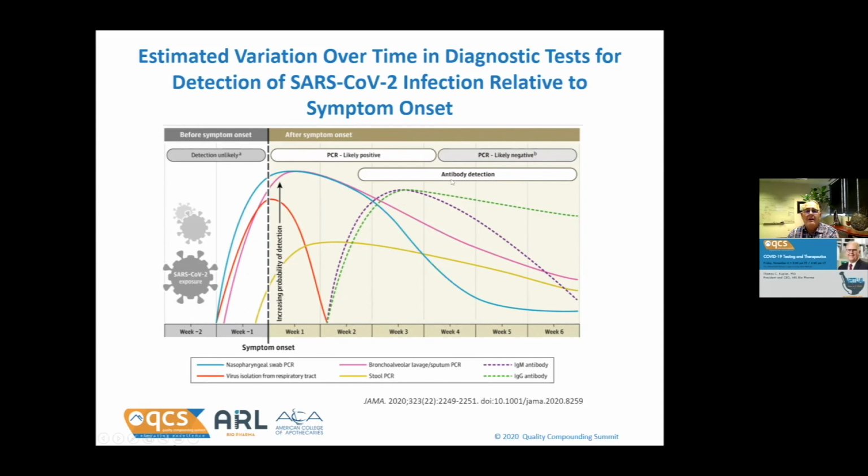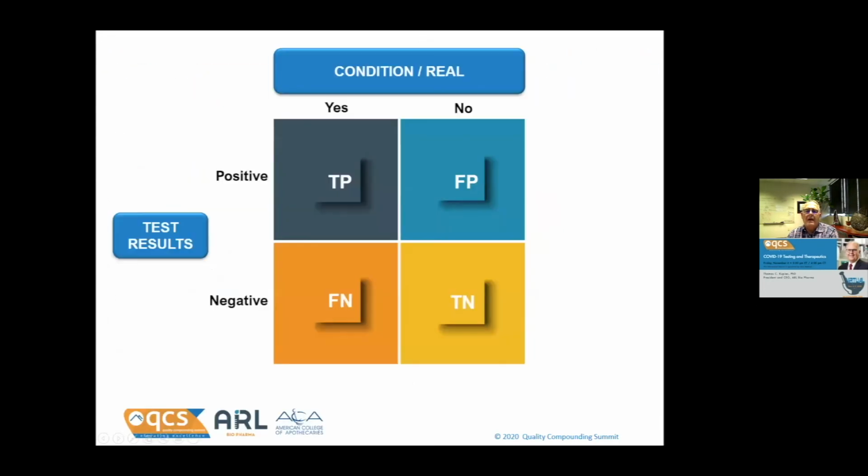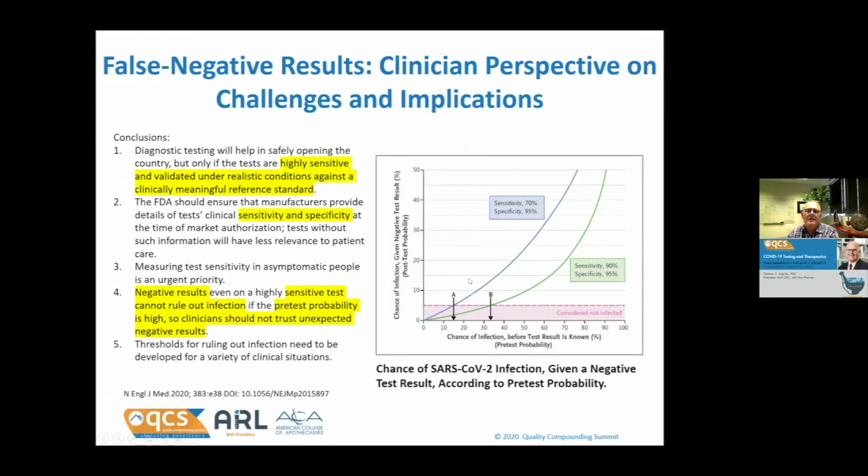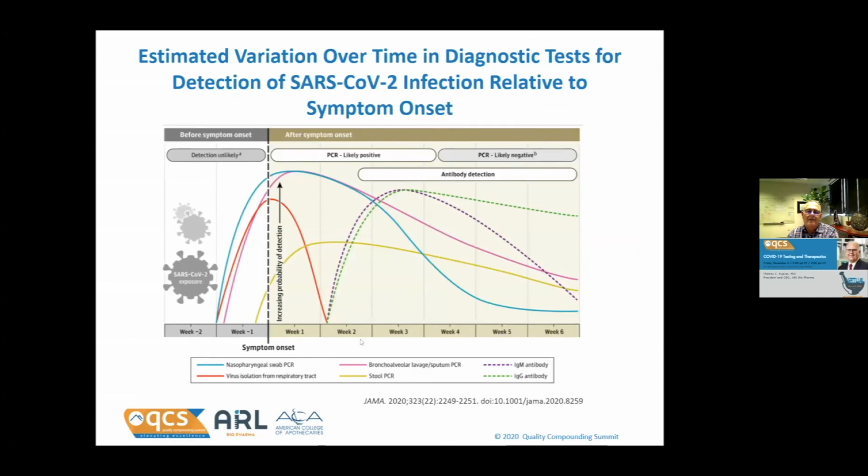And then notice an antibody, if you test too early in the cycle of the disease state, you're not going to pick up the antibodies, but not until usually a week or so later. And I wanted to show something here. Early on, in previous slides, I showed, notice it was believed that the IgM was formed well before the IgG. Now, in the more recent data, you're actually seeing in the literature fairly close.